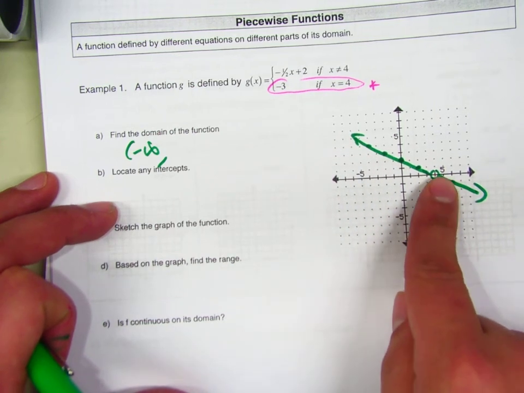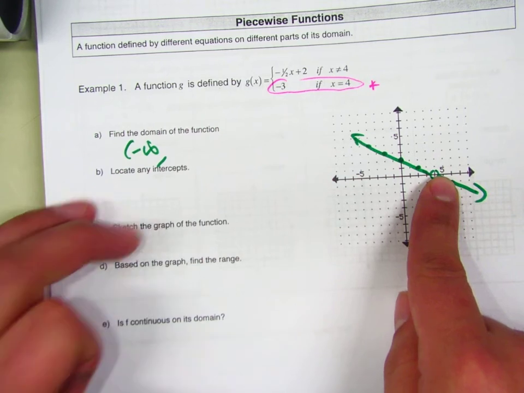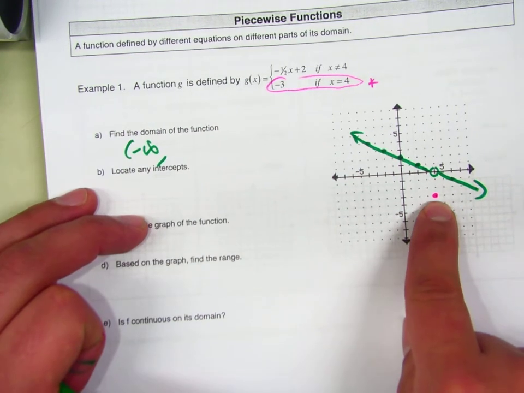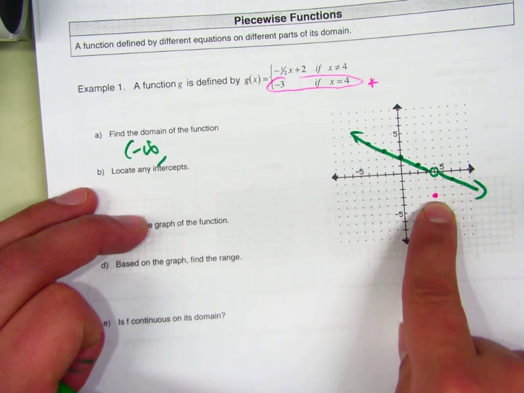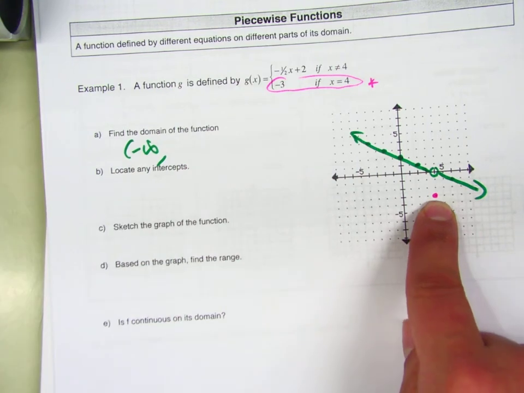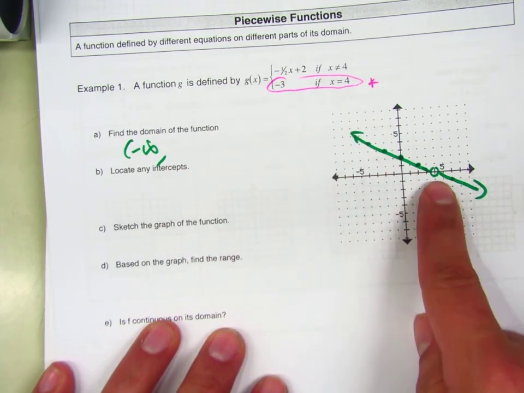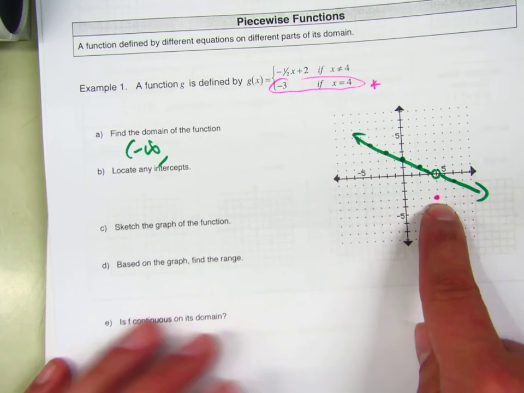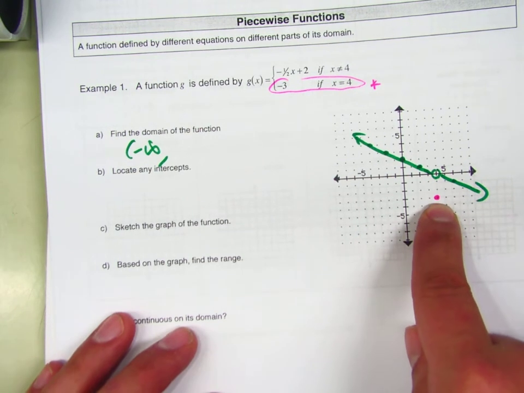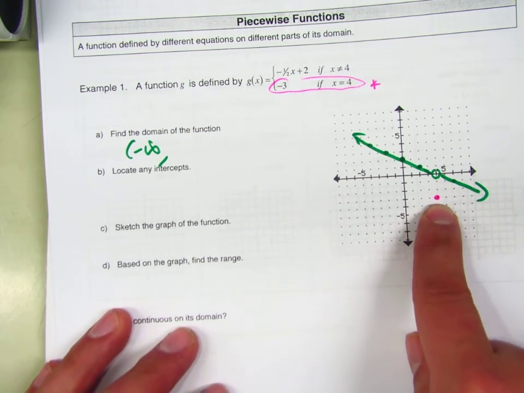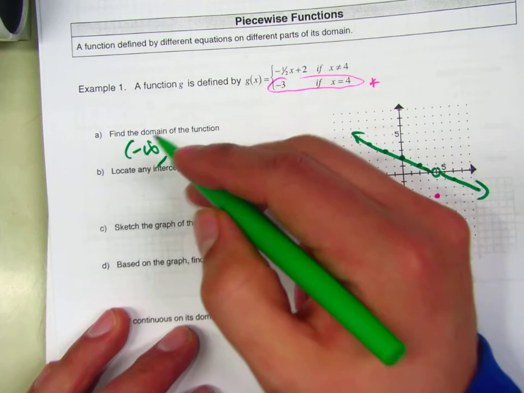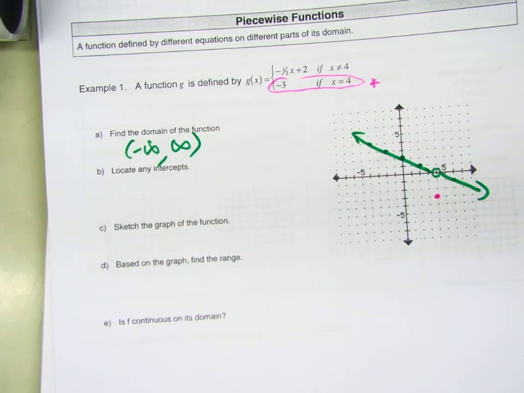Right here at 4. But there's an x value right there at 4. Does that make sense? So far there's actually no issues because we've hit every x value. From -infinity, it looks like maybe at 4 we're skipping it, but right underneath it, there actually is an output there. So there's really not any issues with domain. And if you go right back, it does continue forever.